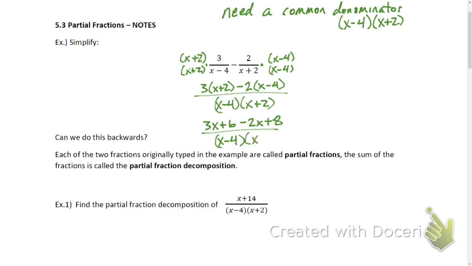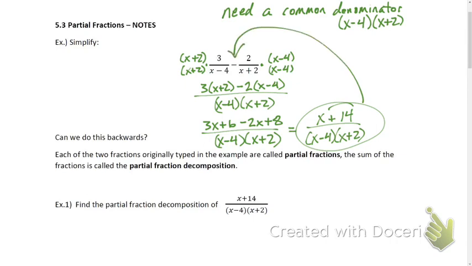The main idea is combining the fractions and simplifying up top. So we end up with that numerator over that denominator, which looks really familiar to what's typed below. So what we're about to learn how to do is how to go with this in reverse to create that.